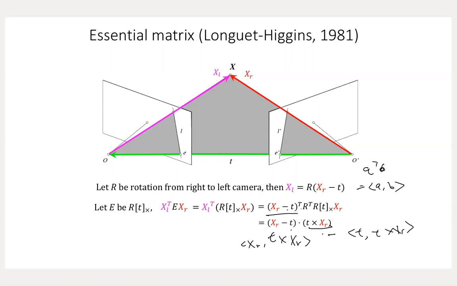I just expand this: this multiplied by this guy and this multiplied by this guy. Maybe a pause here for a question. What is the inner product of X_R and T cross X_R?